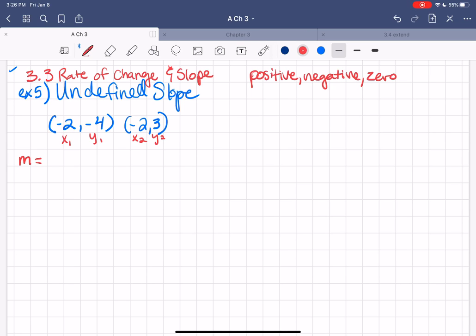And I get -4 minus y2 is 3 over my x1 is -2, and then my x2 is -2 as well. Okay, so this turns into -4 minus 3 over -2 plus 2, and here is where we get into our issue.